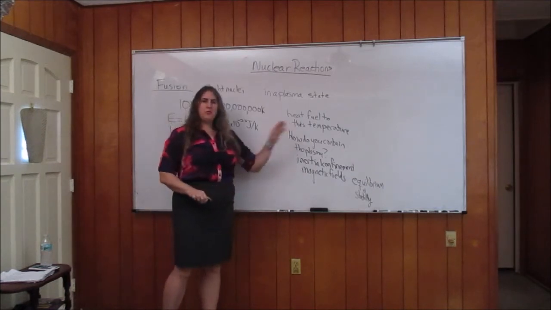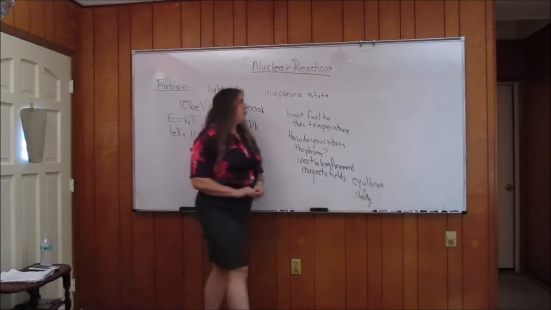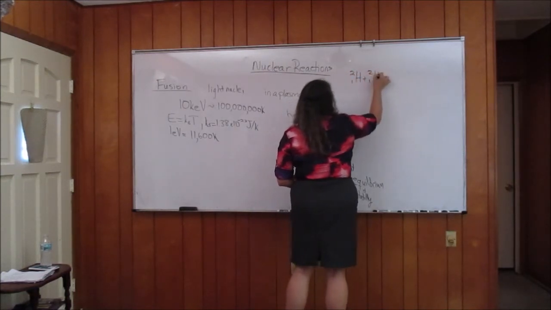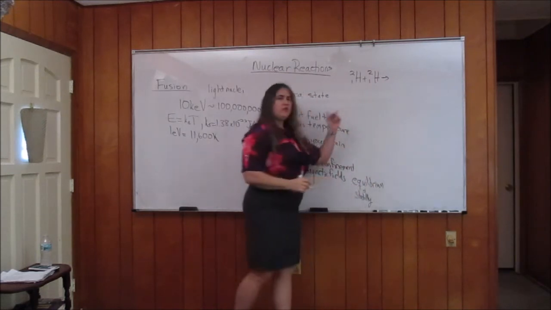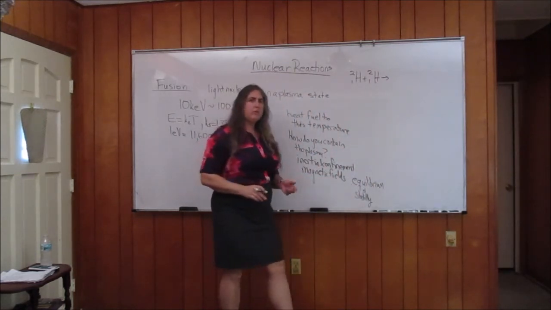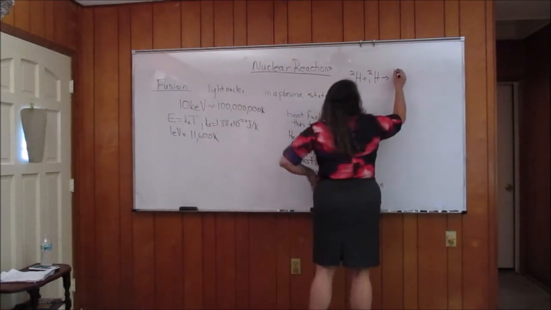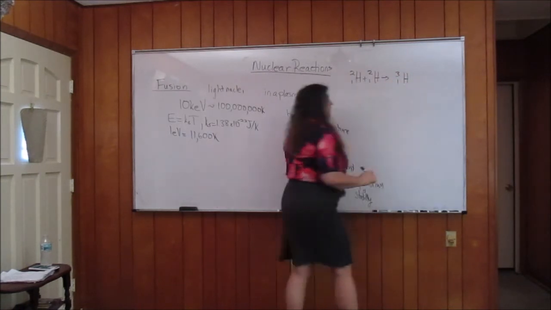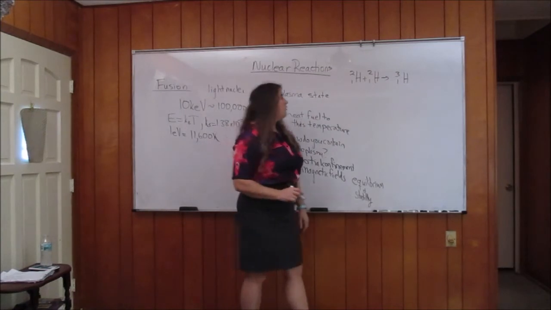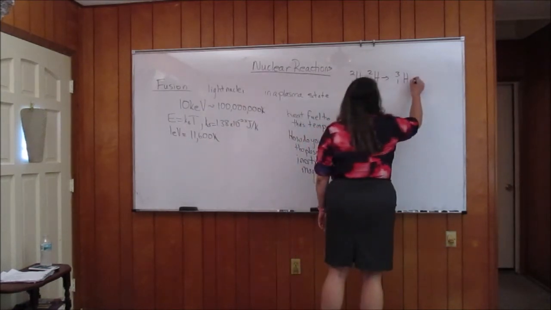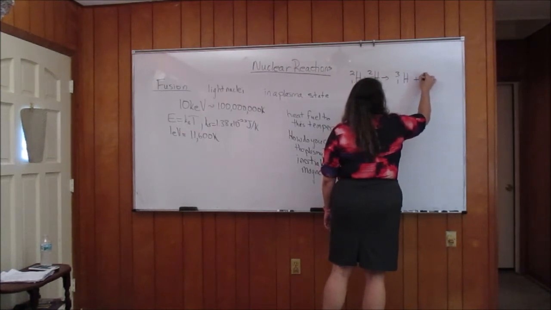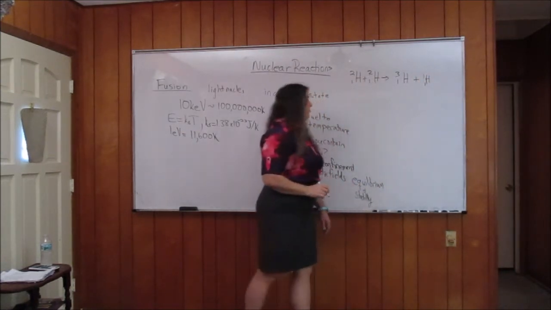So I'll just wrap this discussion up with three fusion processes of interest. In this case, you'd have the fusion of two deuterium nuclei, and they would produce a tritium nucleus and a proton, or hydrogen nucleus.